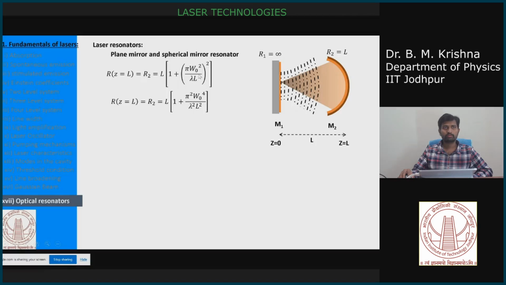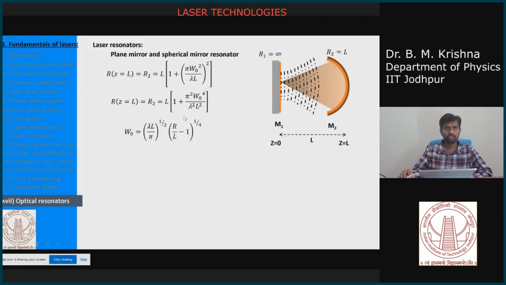This becomes pi square omega naught to the power 4, because W naught square into square, over lambda square and L square. From this you can extract W naught. If you solve this equation you will get W naught equals (lambda L by pi) whole power 1 by 2.